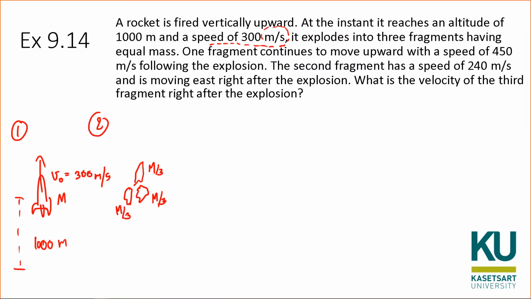One fragment is moving upward with 450 meters per second. How about another one? Another one is moving eastward, right? Eastward is this direction. If this is north, down is south, this is east, this is west.